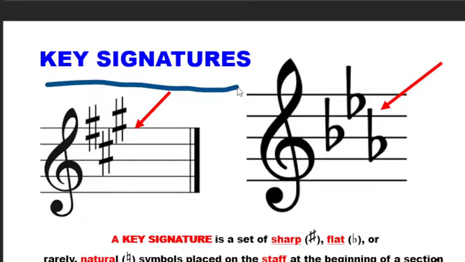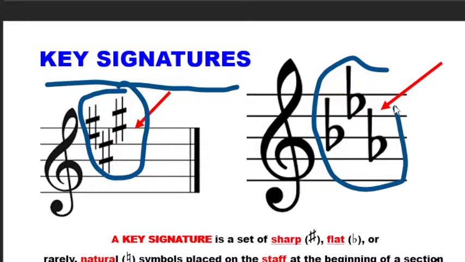For example, here we have these three. This is the sharp. It means your music is sharp. But when you find this, your music is flat.